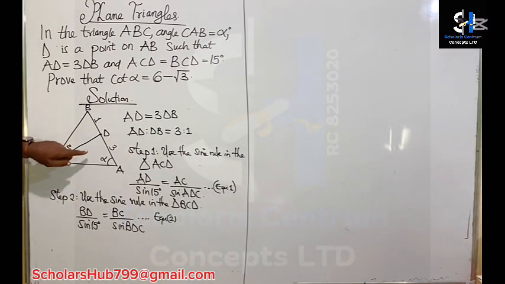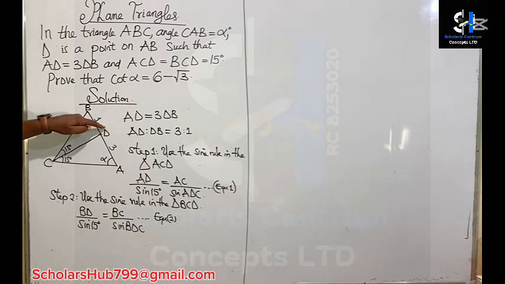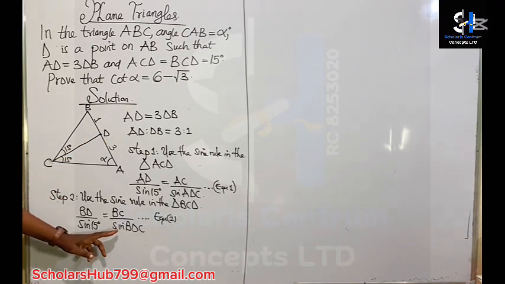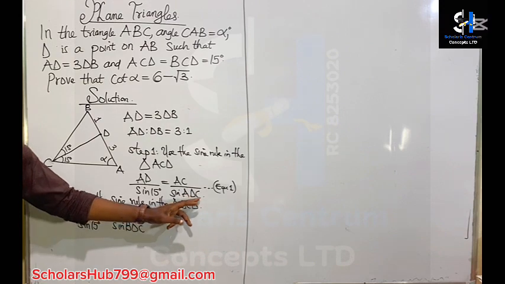Now, because we consider triangle ACD and triangle BCD, there's a relationship between angle BDC and angle ADC.